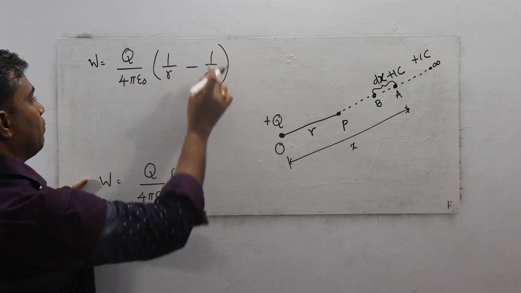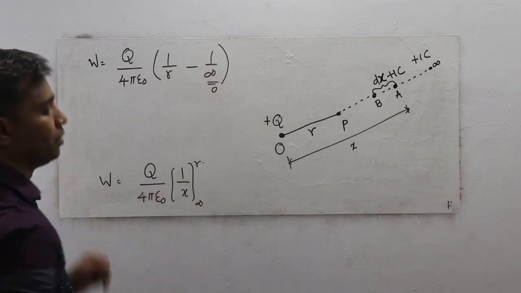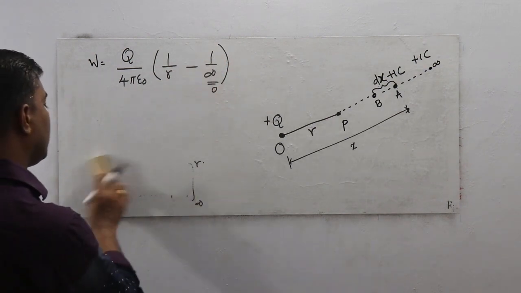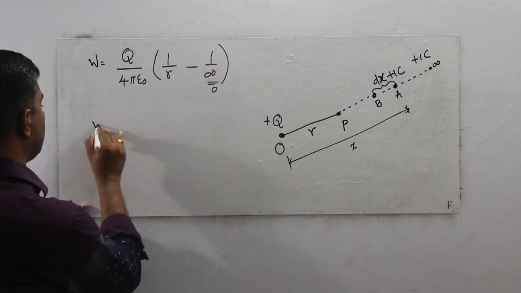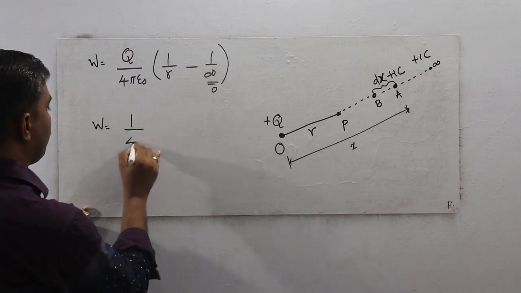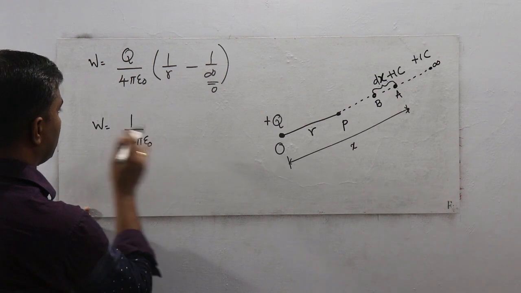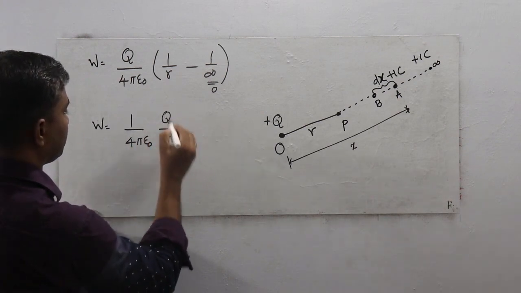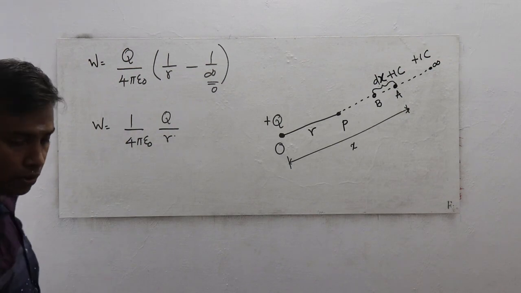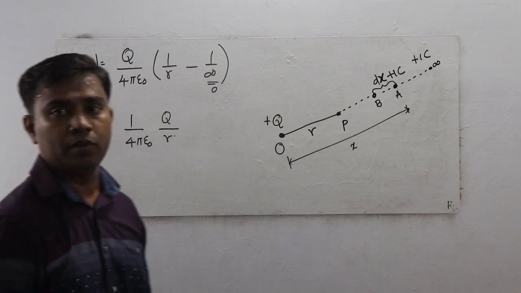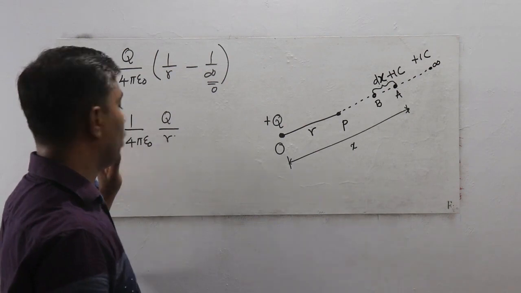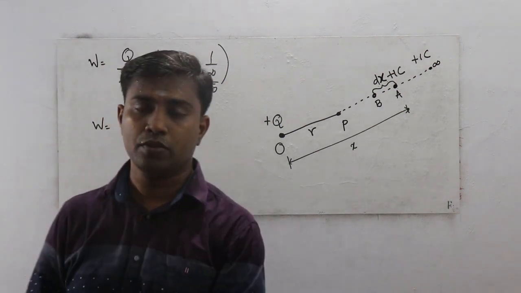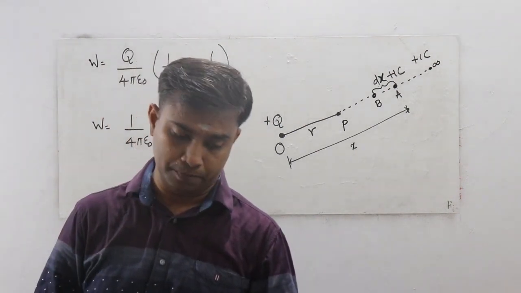So we know that 1 by infinity, this value is 0. Okay, so we can write the work done as 1 by 4πε0 Q by r. We get it like this. So work done is equal to 1 by 4πε0 Q by r.